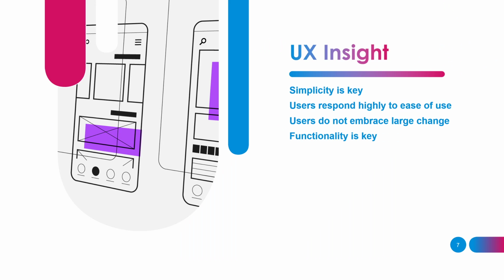So for the insight I drew from this user interface project and the user experience, simplicity is key because at the end of the day, users respond to functionality. If your software is good, people will use it. Now, the only thing you can mess up is if your software is not very usable.